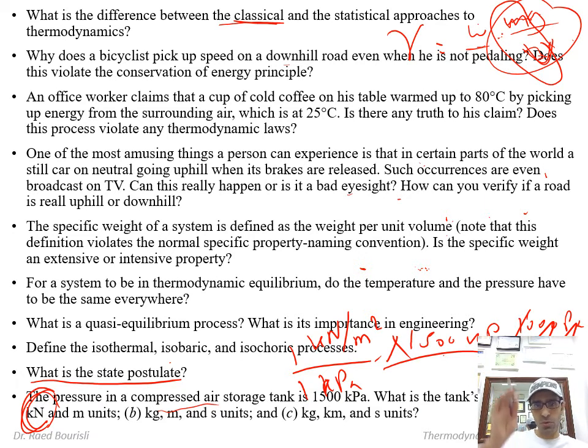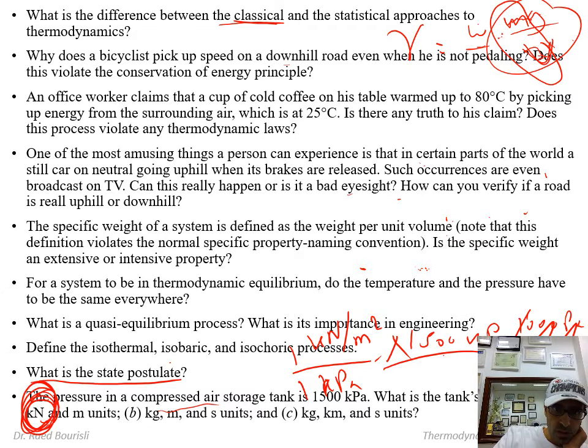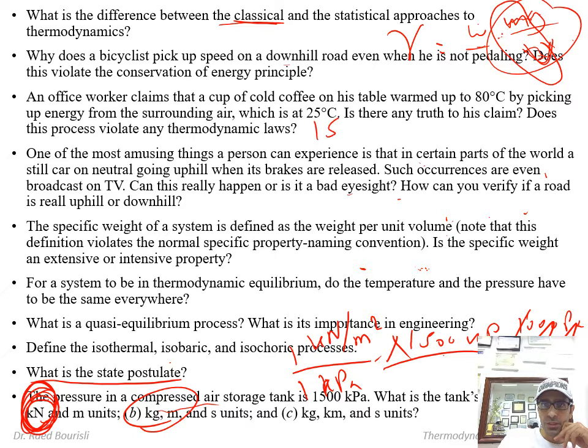That's pressure, so force per unit area. If I had told you in newton, you would have to multiply, so 1,500,000 newton per meter square. I'll just use kilonewton. So 1500 kilonewton per meter square, and we know 1 kilonewton is 1000 newton, and 1 newton is 1 kilogram meter per second square.